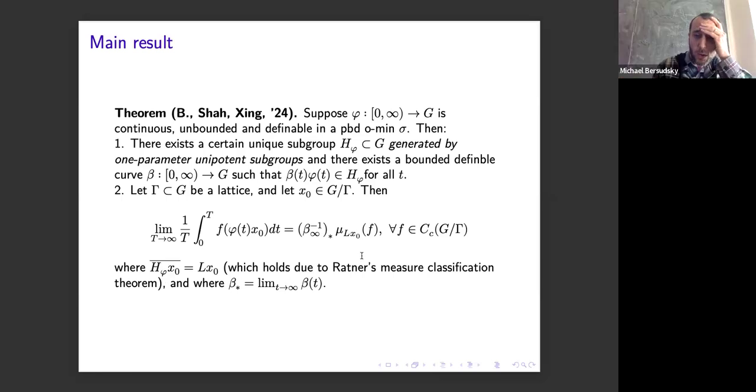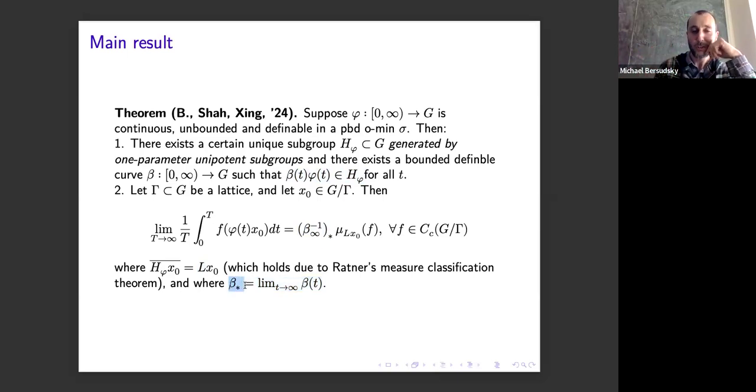Okay. And what is this beta infinity? Maybe a simpler picture to have in mind: if you correct this curve to be in H phi, this curve will be equidistributed in this L. But reversing back, this curve will converge to something. Every bounded thing in an o-minimal structure, every bounded function, always converges.